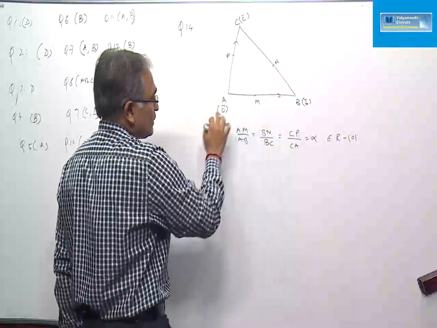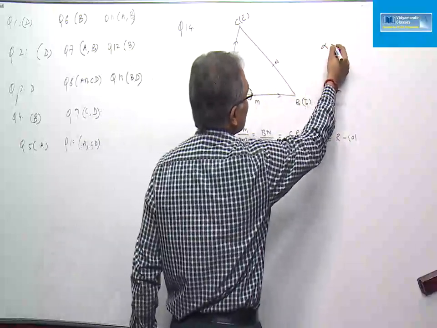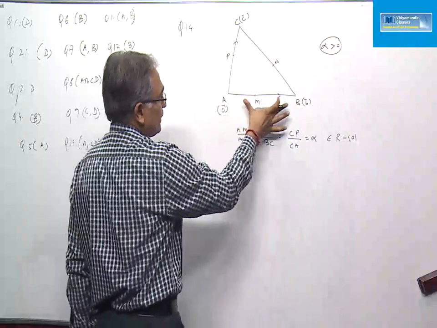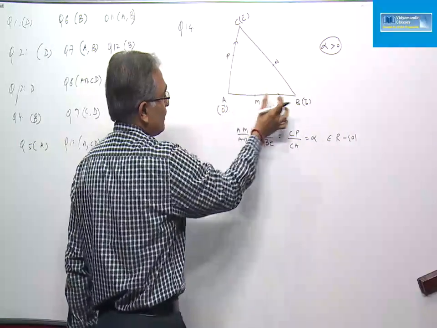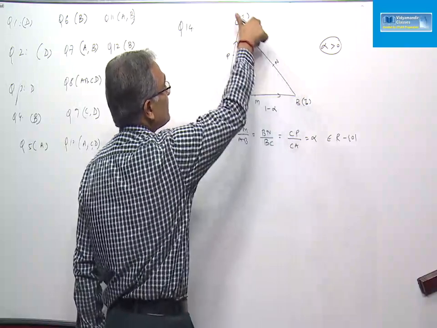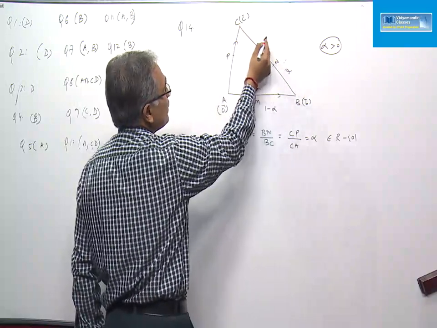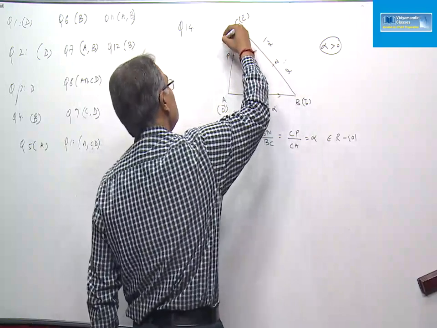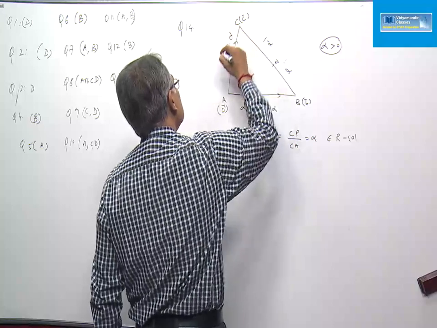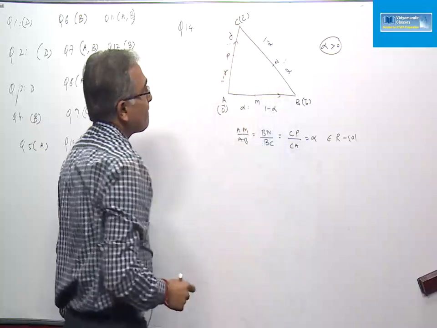I just consider the case when alpha is positive. That is, AM upon AB is alpha, means AM upon MB must be alpha is to 1 minus alpha. Similarly, BN upon NC and CP upon PA are also alpha is to 1 minus alpha.